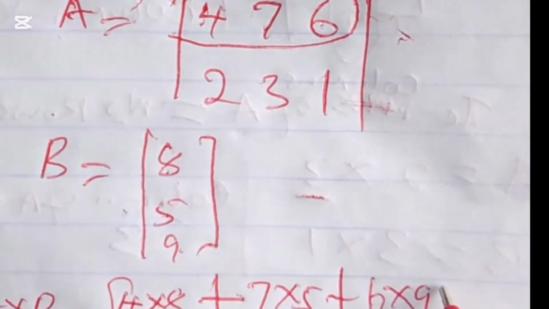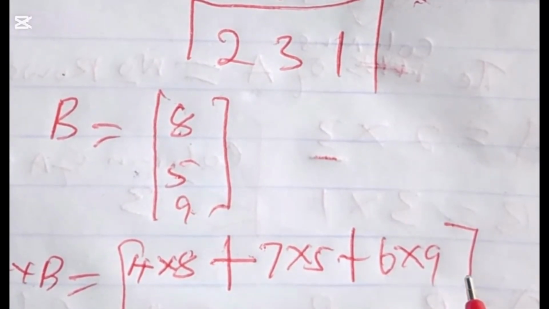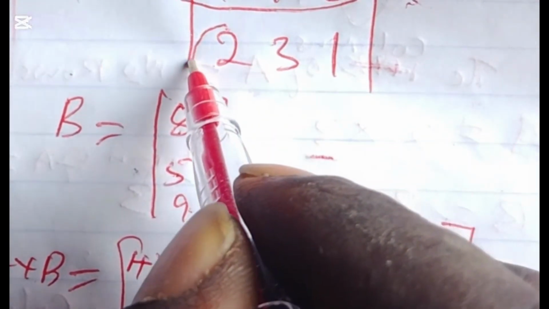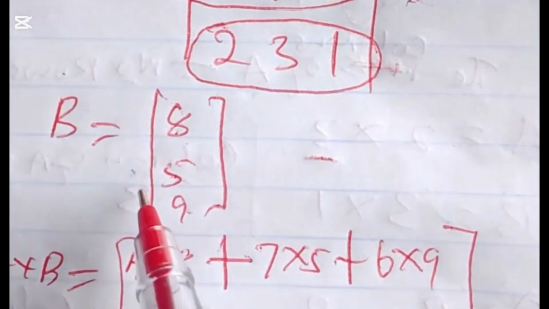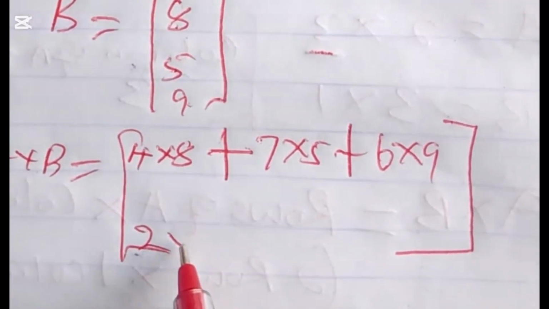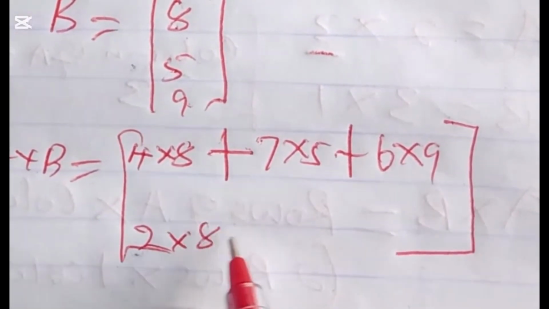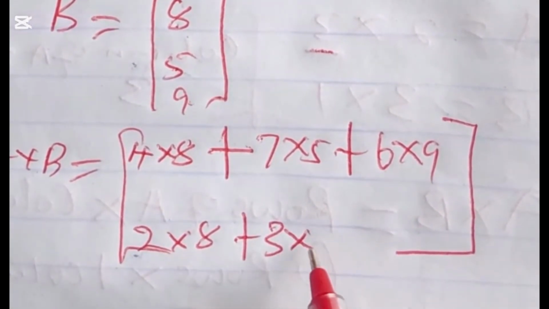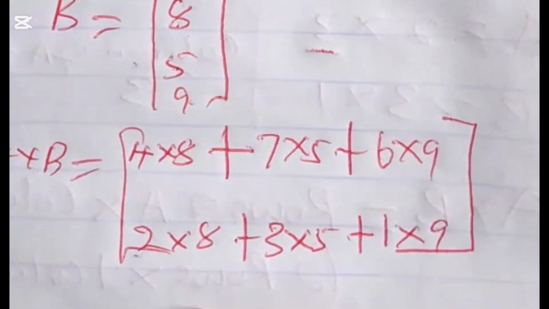Then we do the second row, the same thing: 2 times 8 plus 3 times 5 plus 1 times 9.